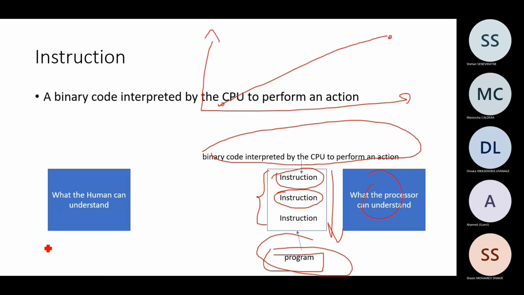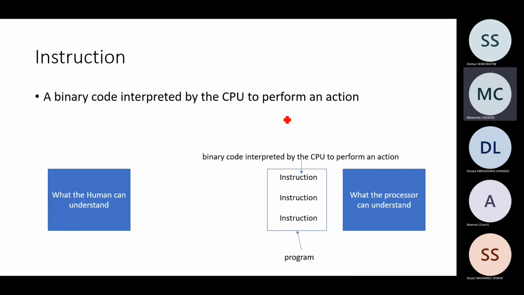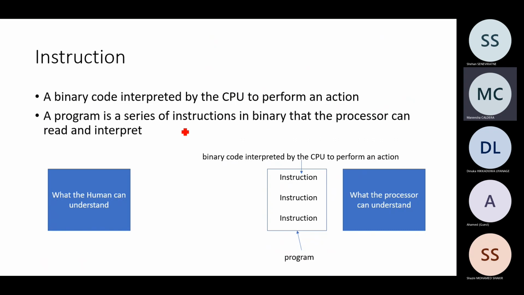Now, I think you got the entire story. In simple terms, an instruction is a binary code interpreted by the CPU to perform an action. A program is a series of instructions like this, in binary, that the processor can read and interpret. That's the key consideration we need to focus on. Whenever there's a set of instructions, we have to let the processor understand them.